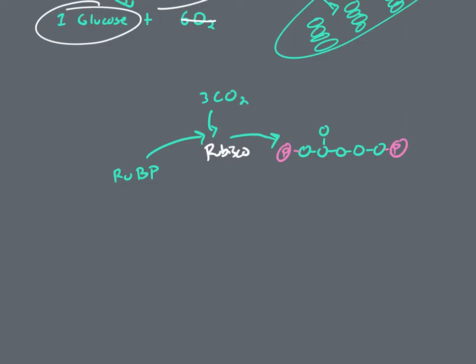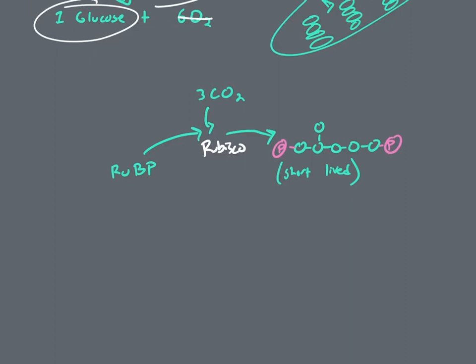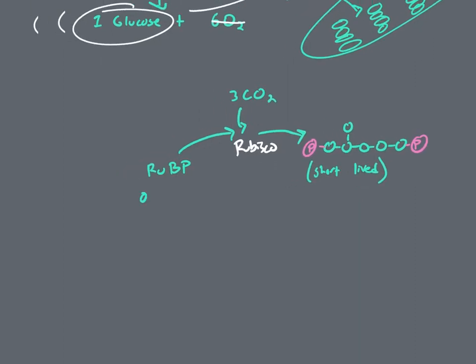This molecule that Rubisco helped to produce is really not stable. So I'm going to write underneath it that it's short-lived, because it doesn't last very long. It doesn't stay in this form. RuBP is a 5-carbon molecule.